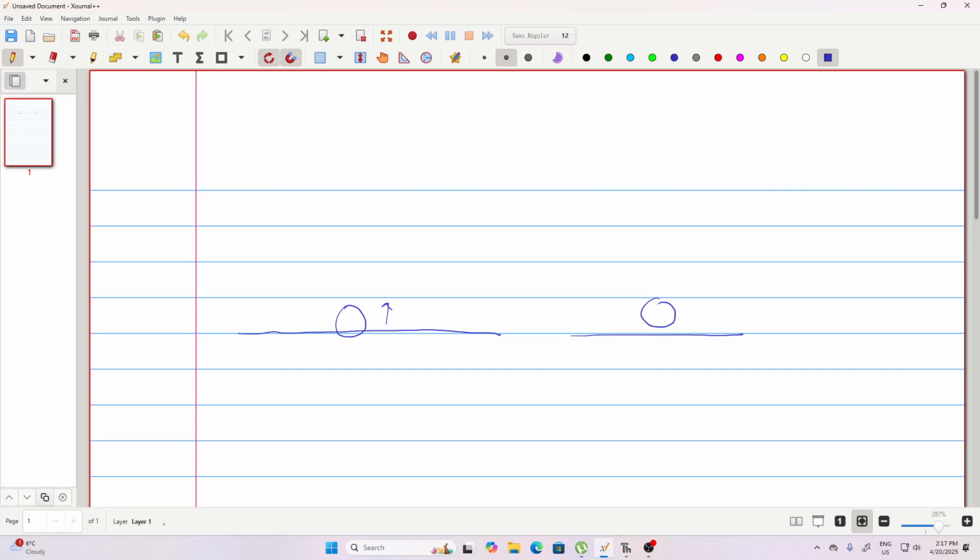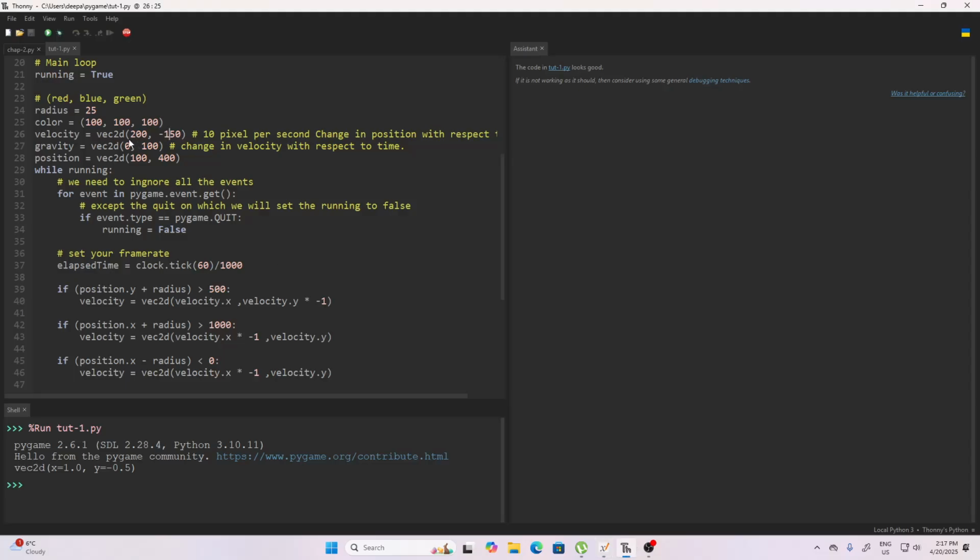But there is another thing we do every time we are here. Suppose this velocity was, let's say, what is the downward velocity? The downward velocity is positive, 150 positive. This is the x, this is the y. Going up is minus, but if the ball is going down, it should be positive.